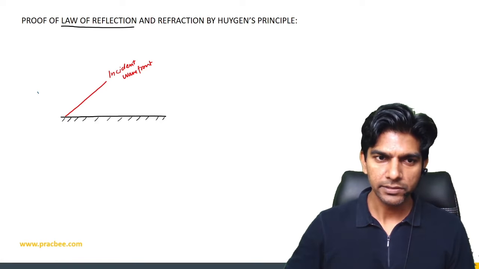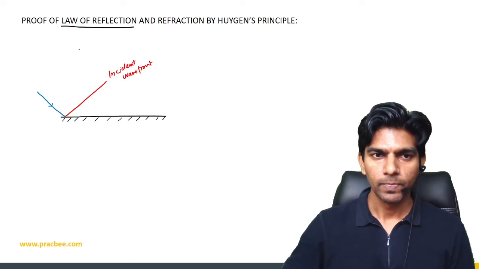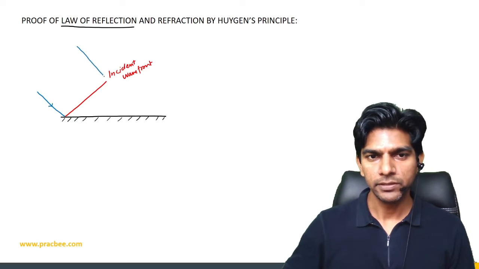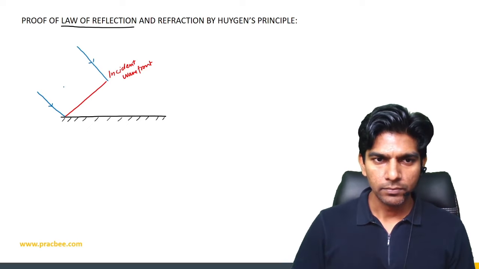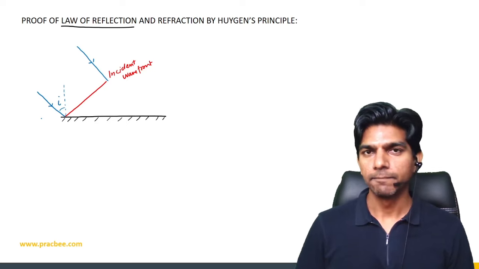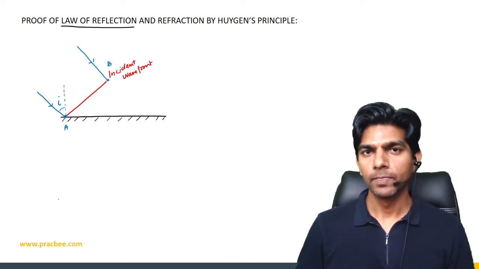So these are the incident rays, right? So I'm showing two incident rays which are perpendicular to the incident wavefront, and the angle of incidence is i. Okay, let me call this point A and this point B.